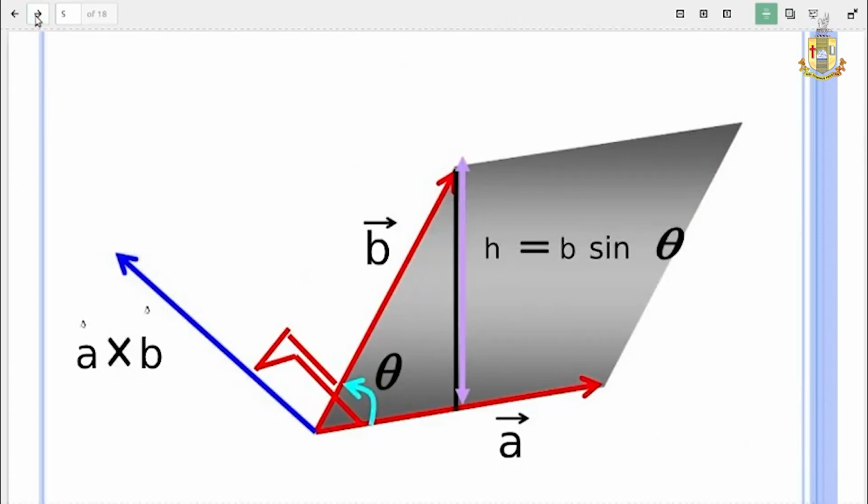So if you see here, A vector is perpendicular to A vector cross B vector, and B vector is perpendicular to A vector cross B vector. So here the angle is always 90 degrees.